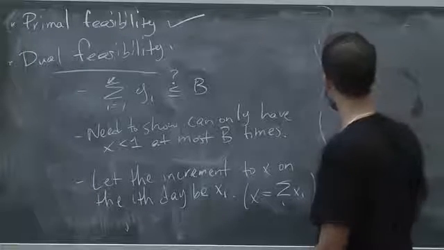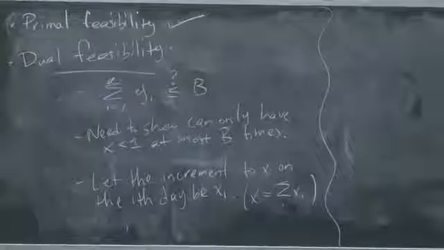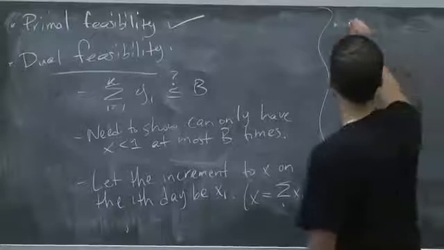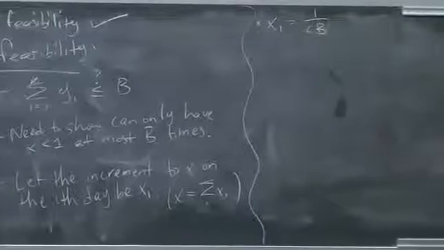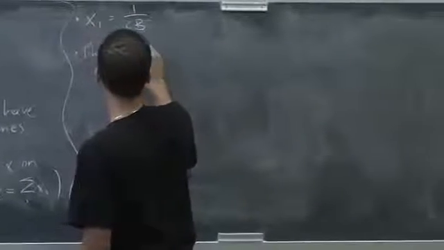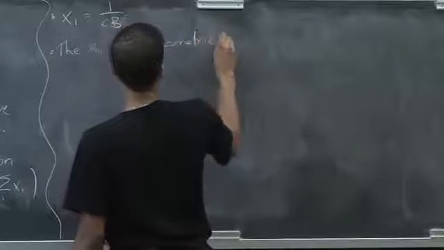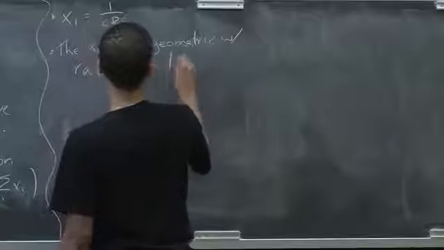So it's not hard to convince yourself from this formula that, first of all, x1 is 1 over cb, and the xi are geometric with ratio q being 1 plus 1 over b.